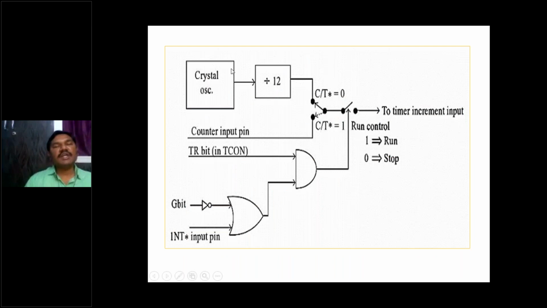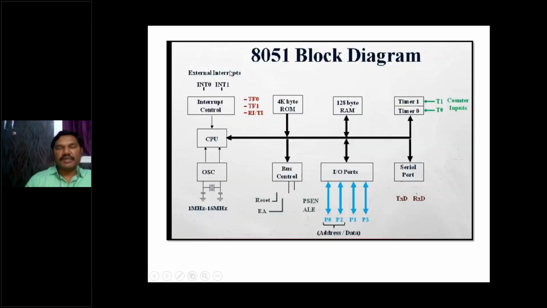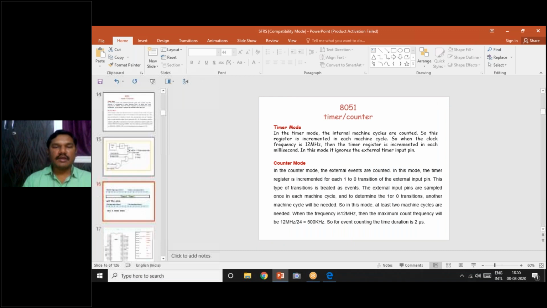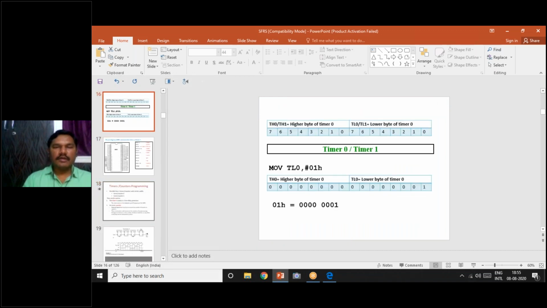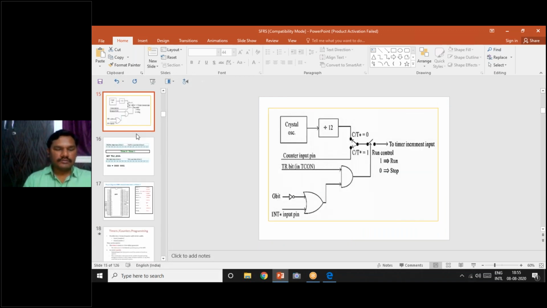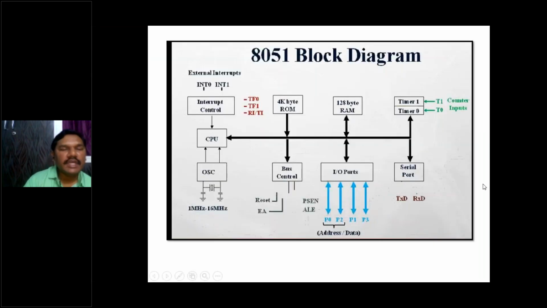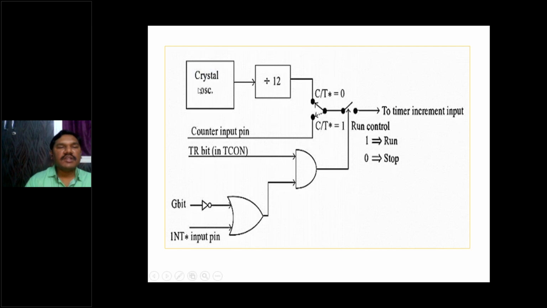This is the circuit diagram for timers and counters, and this is the crystal oscillator frequency that we can see here. If the crystal frequency available on the chip itself is 11.0592 or 12 megahertz, it is divided by 12.